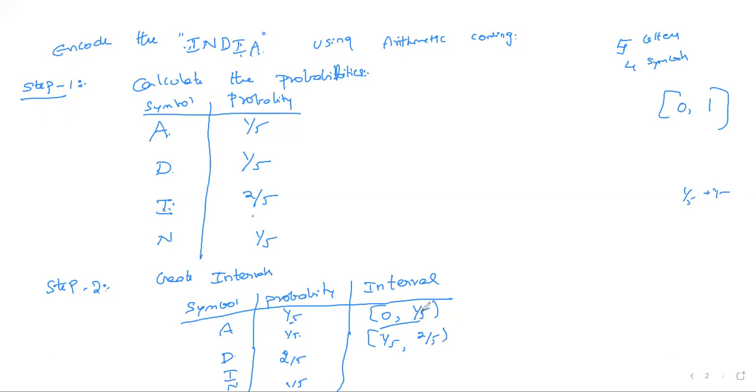You add this one with the next probability. Now this 2 by 5 will come here. For this 2 by 5 add probability 2 by 5, plus 2 by 5 is 4 by 5. Next this 4 by 5 will come here. For this 4 by 5 add 1 by 5. So 4 by 5 to 1. So for all symbols we add intervals.